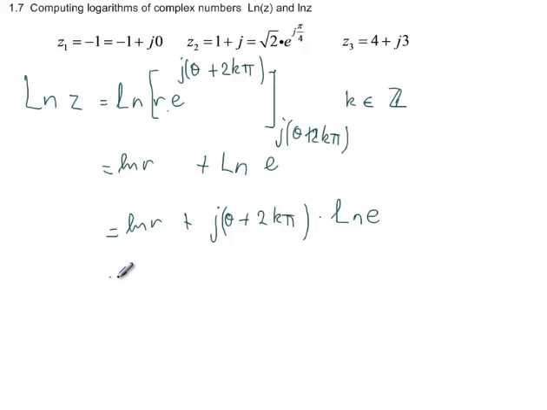So then we get here ln r plus j theta plus 2k pi. So guys, from this point, you must see that this is not one number. Altogether, it's infinite numbers. And then that kind of logarithm we use this capital letter there.